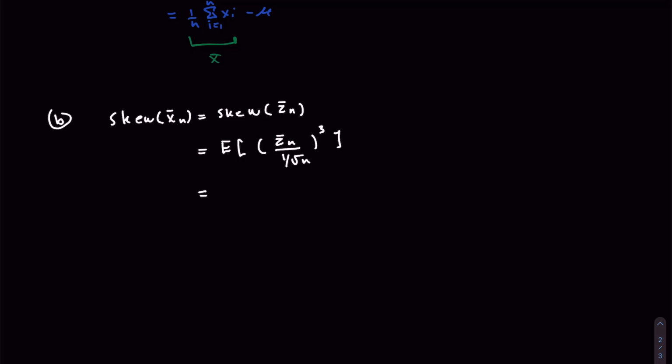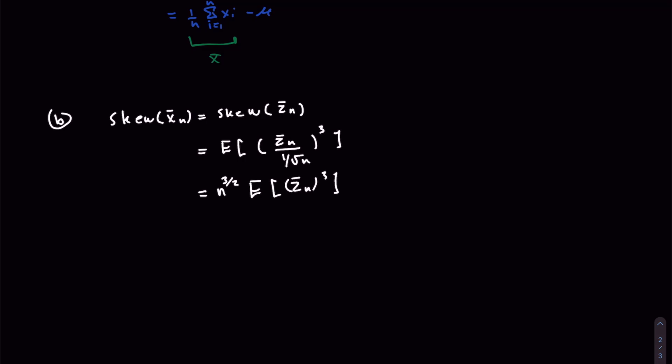So we end up having n to the 3 halves times the expectation of z n cubed, like this.